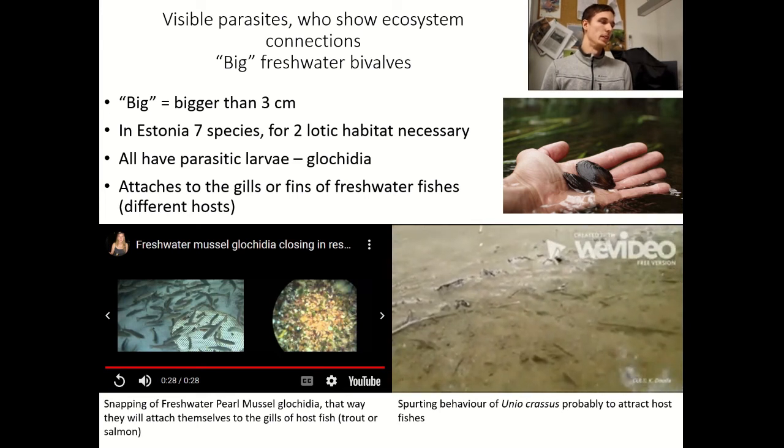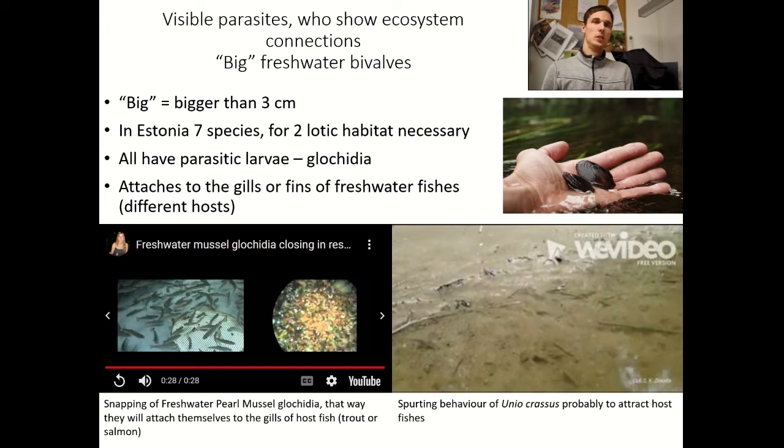The scientists are thinking that it's so that it attracts the host fish to the place where the glochidia are, and so the host fish gets infected.